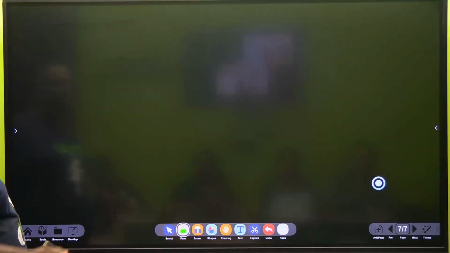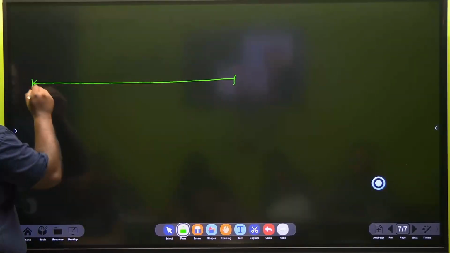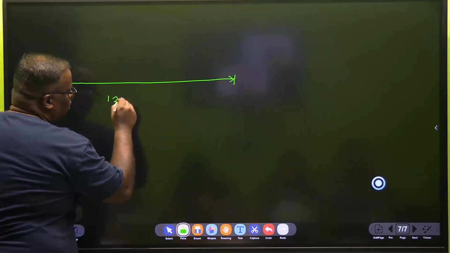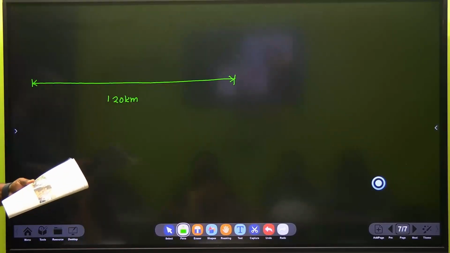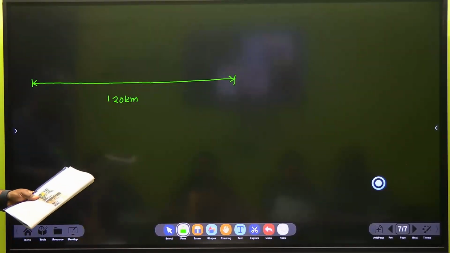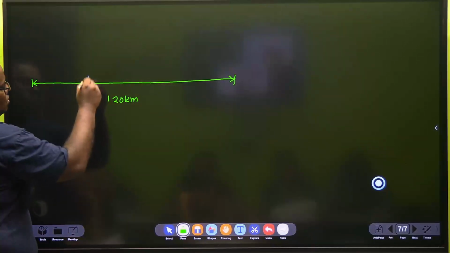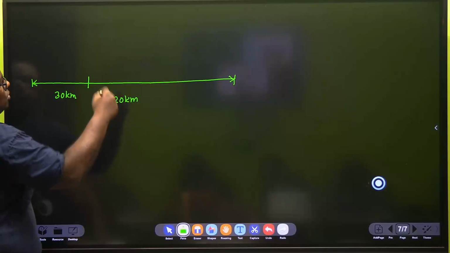There is a 120-kilometer track. So this track is how much long? 120 kilometers long. Fine. It says that on a 120-kilometer long track, a train travels the first 30 kilometers. So let's peg this at 30 kilometers.